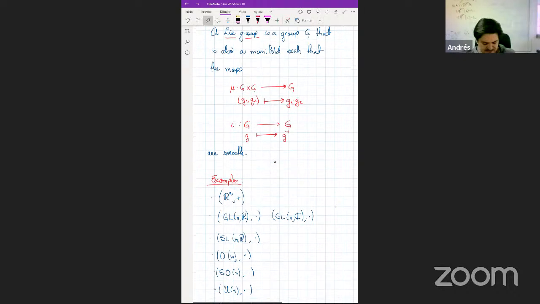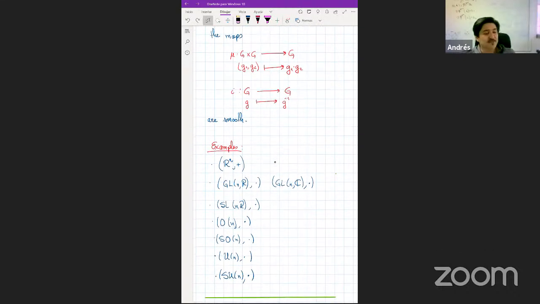So this is a list of some Lie groups. We have seen some of them that are actually Lie groups. This is just like the sum of vectors in Euclidean space. That's a Lie group. Remember that we also cover these two because they are open sets, right? And maybe I forgot to put another one here.